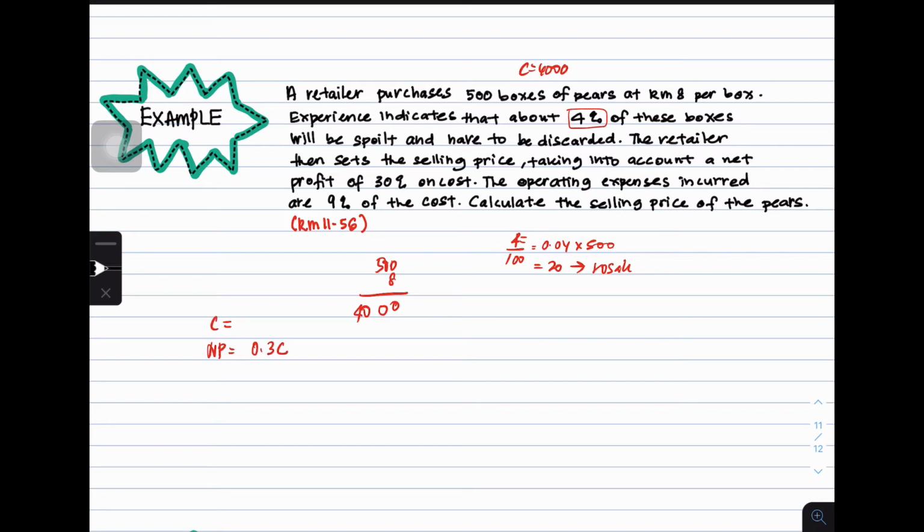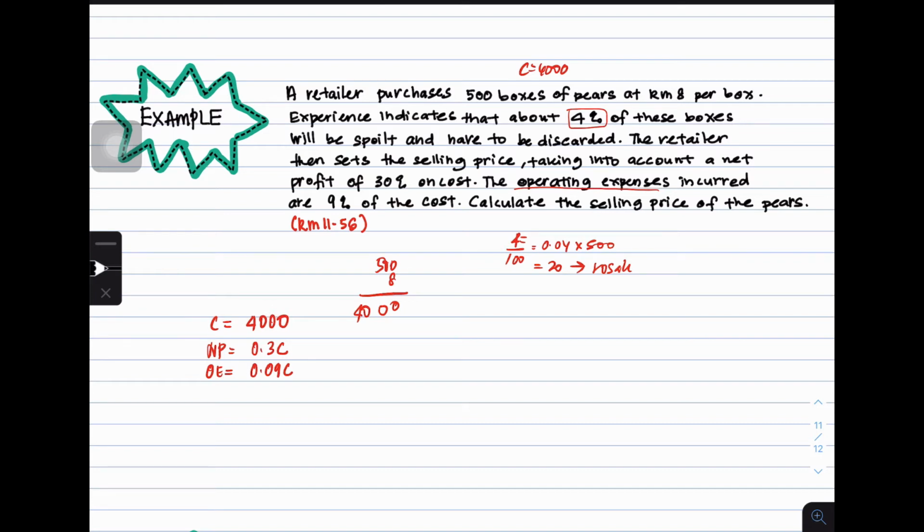Cost is 4,000. Then he wants 9% operating expense, which is 0.09 of cost. Okay, operating expense. So how much does he sell one box of pear for?